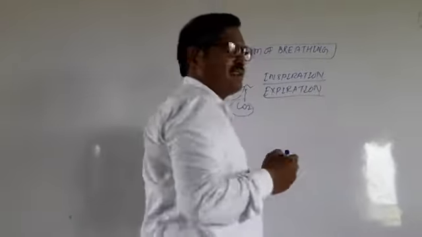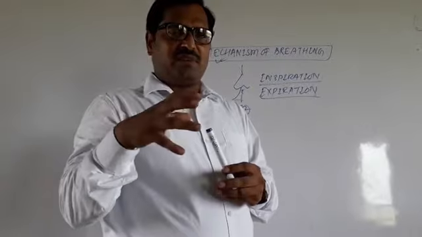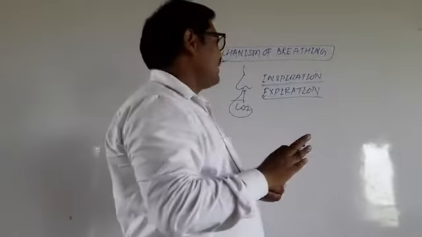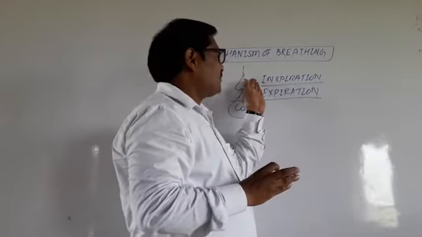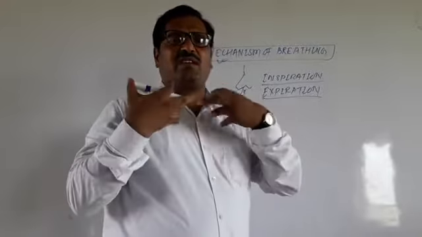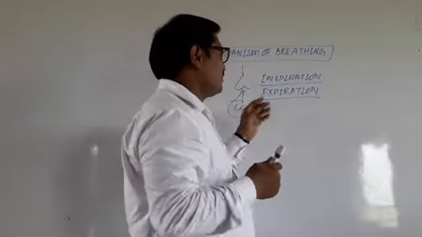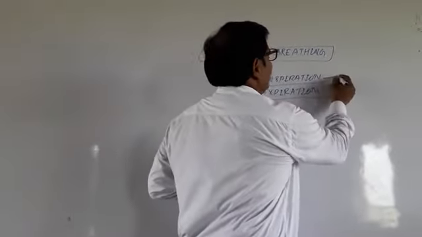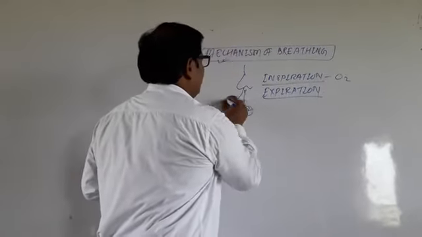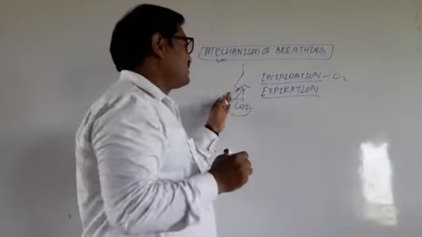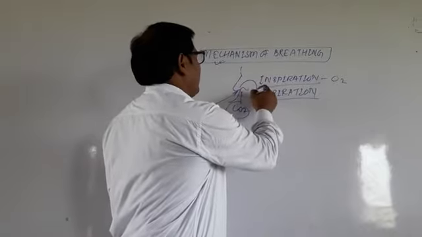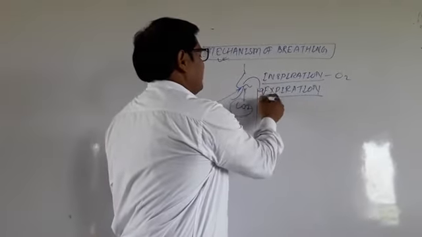When outside our body, in the environment, the pressure of oxygen is maximum, then oxygen is drawn into the nose, through the nasal pharynx and through the trachea.